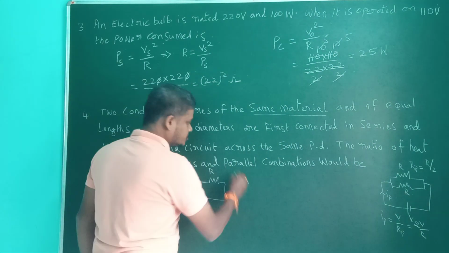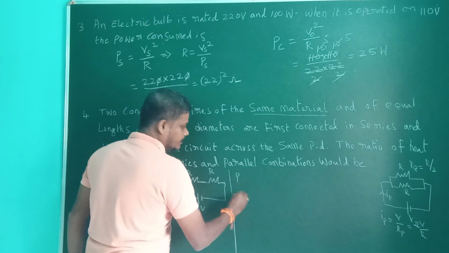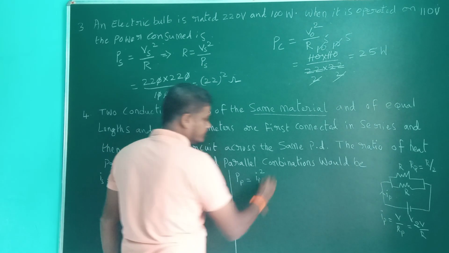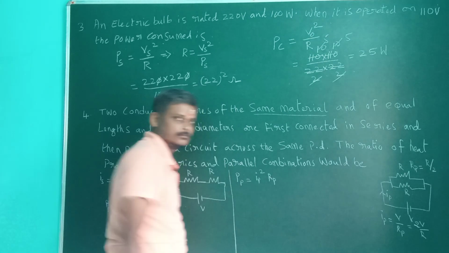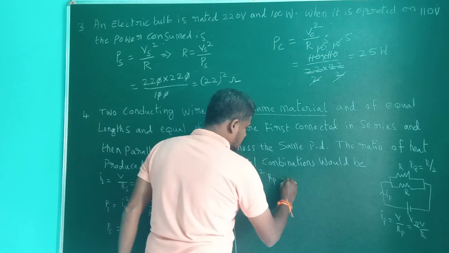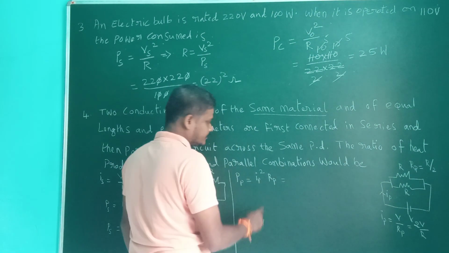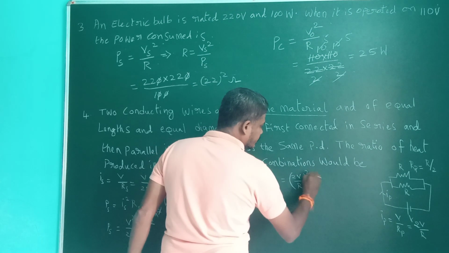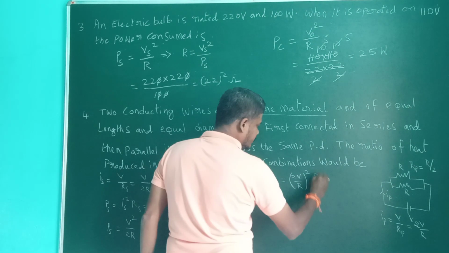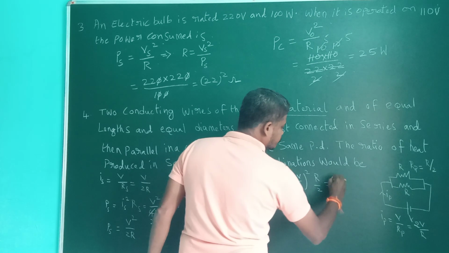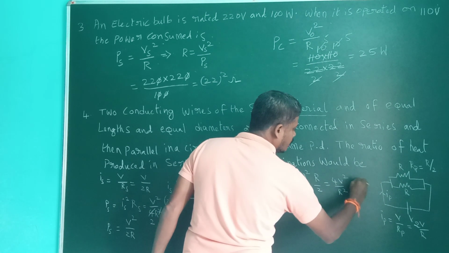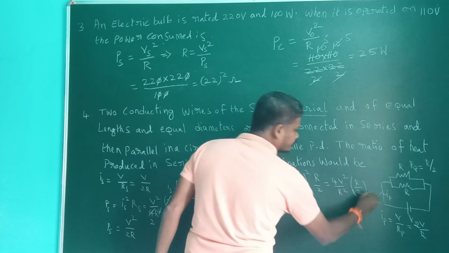Now power consumed in parallel combination is I parallel square into R parallel. On substituting the values, I parallel square is 2V by R whole square into R by 2, that is 4V square by R square into R by 2.